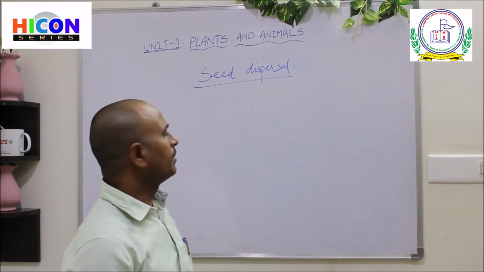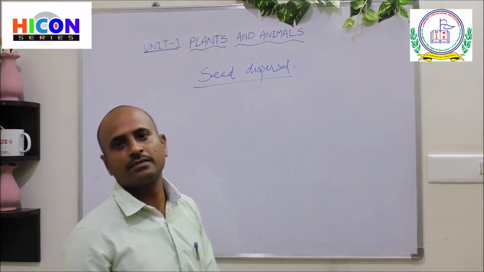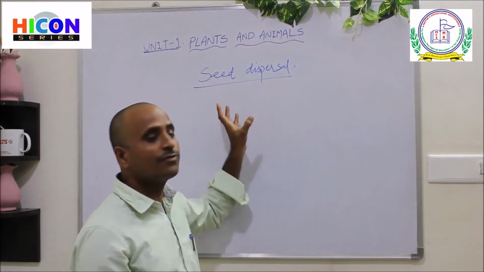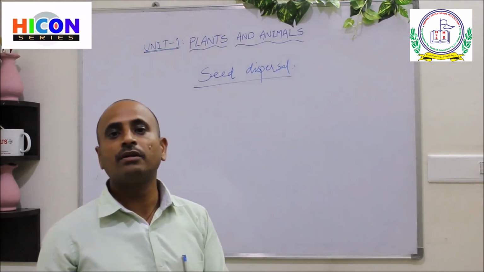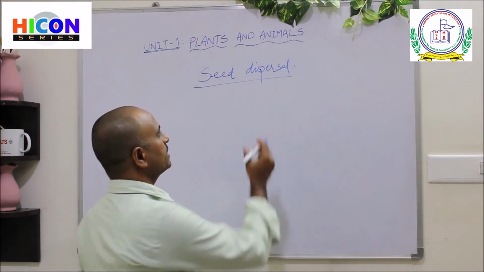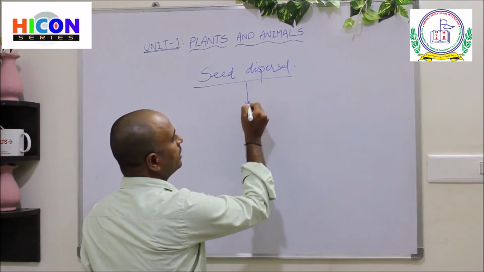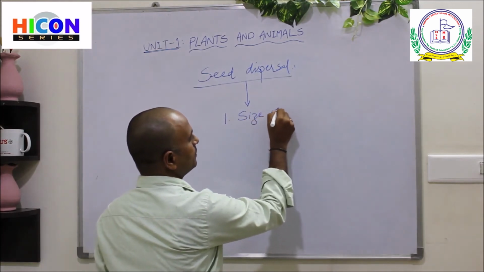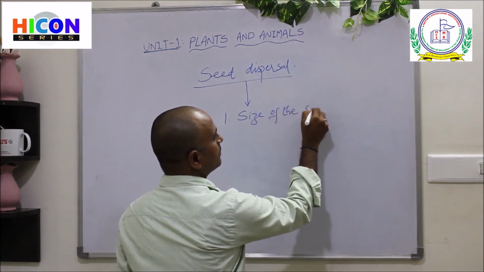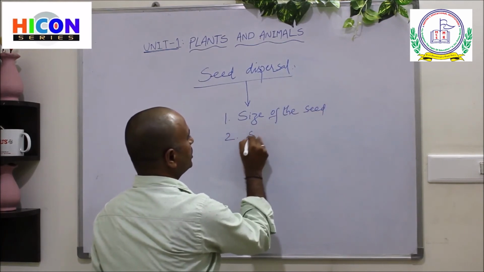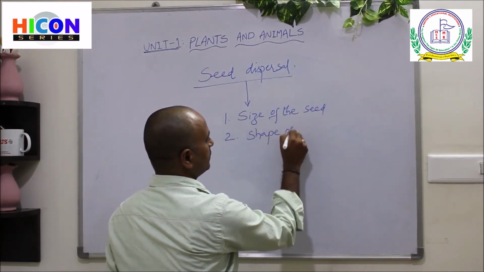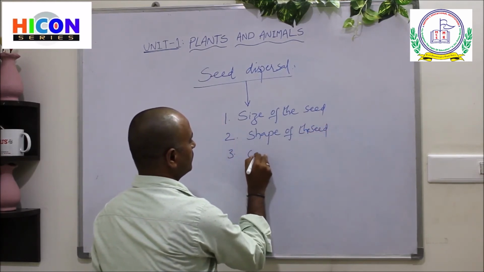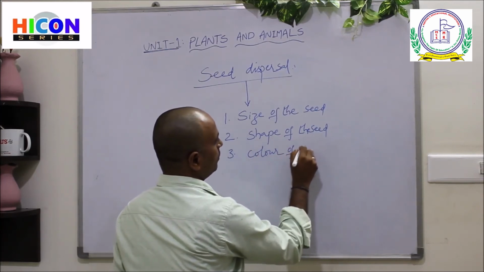The plants disperse their seeds. The dispersal of seeds mainly depends upon three factors. One is the size of the seed, the second is the shape of the seed, and the third is the color of the seed.